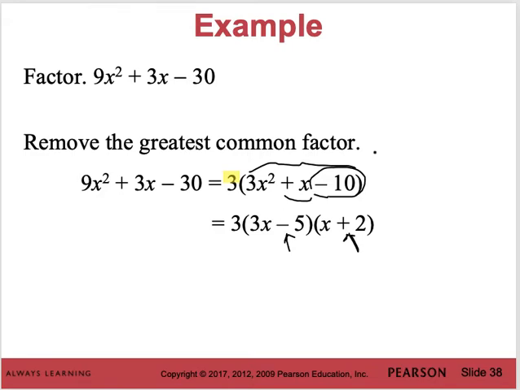Now we can think, well, our coefficients here. So we have to have what multiplies to equal 3, 3 times 1. So our x has to be either 3x and 1x. Yeah, that's our only option.